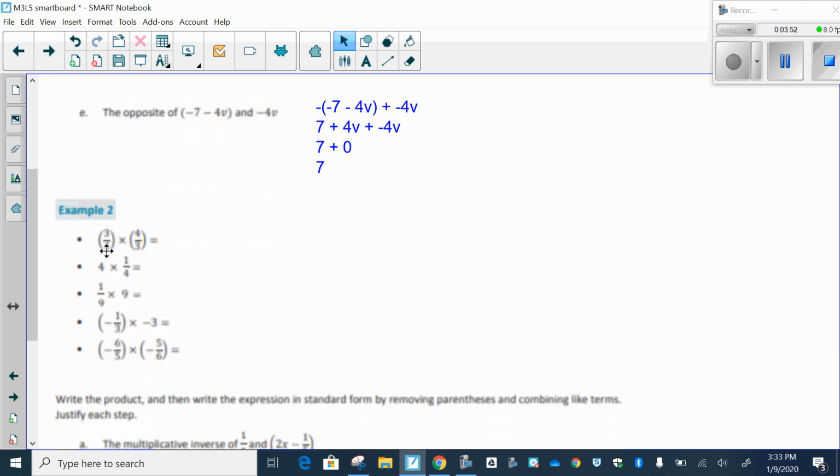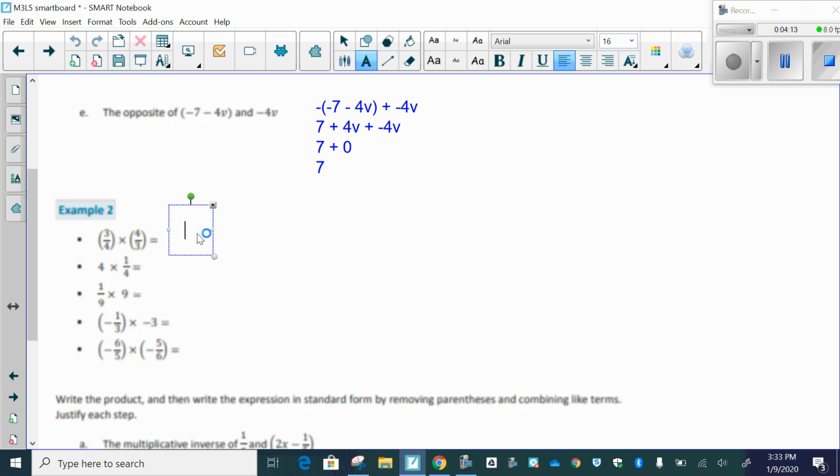So if I have 3/4 and I multiply it by 4/3, let's think about that. You can either cross simplify, get rid of the 3's, those become 1's, get rid of the 4's, those become 1's. So the whole answer is 1. Or you could say 12 over 12.